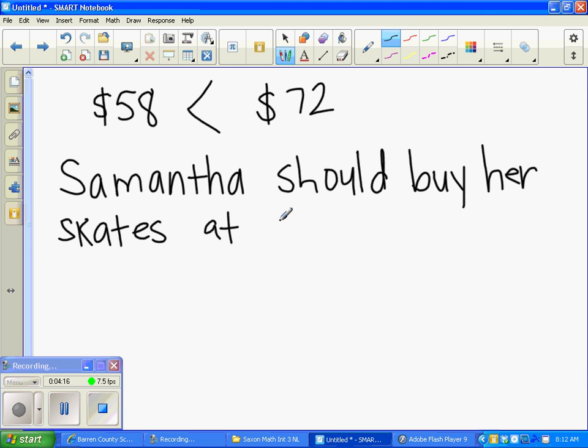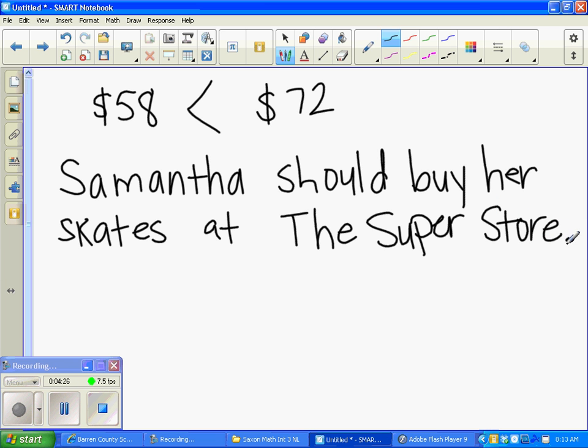Now, the cheapest one was the superstore. And look at that. They capitalized the. It's a part of the store name. The superstore. What goes at the end? Period. You could even keep going and say because they are how many dollars less?